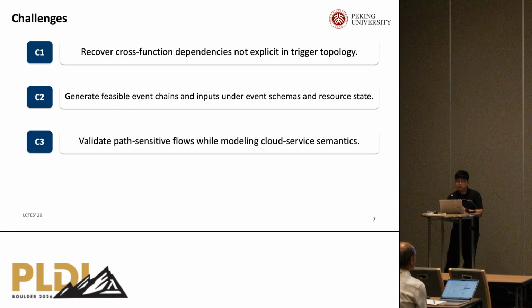Second, we must generate feasible event trains and inputs, because naive enumeration produces mostly invalid executions. Third, we must validate data flow paths sensitively while modeling the cloud services that connect functions. These challenges correspond directly to the three main components of SymFlow.